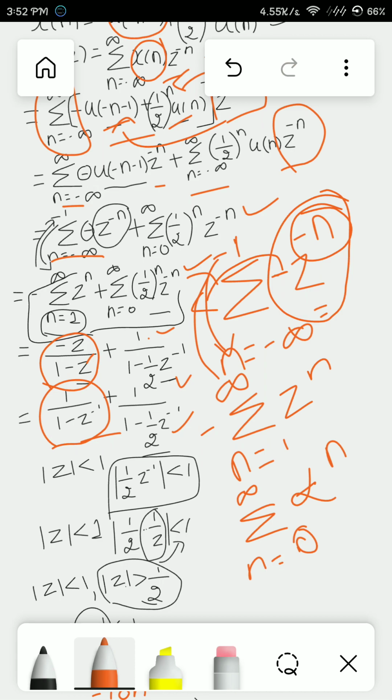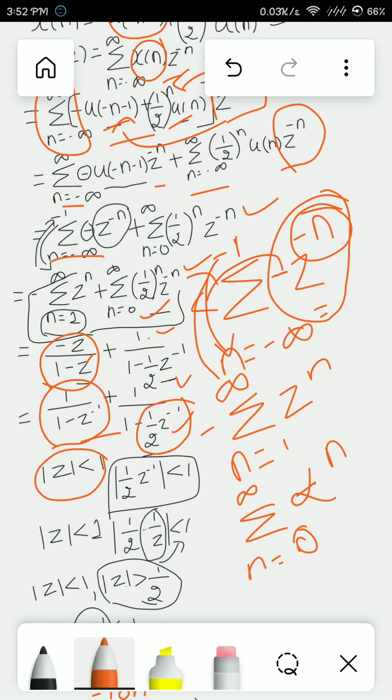So now I got to know that for the terms to converge, it should be lesser than 1. Therefore, by this equation, modulus of z is lesser than 1, and here it is 1 by 2 z to the power of minus 1, that is lesser than 1, right?